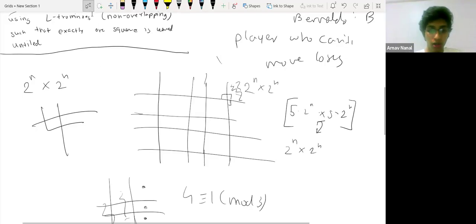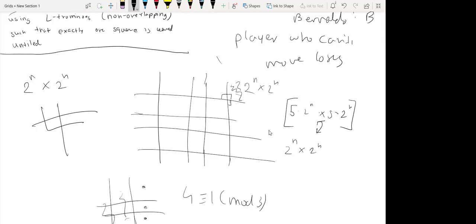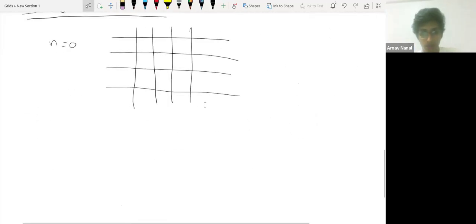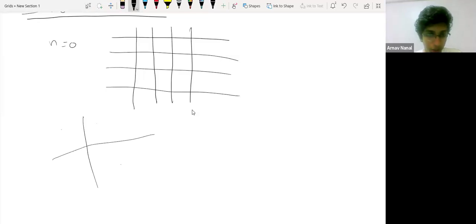What you can try to do is this: your observation is very nice. If you have something of this sort, where each of these can be individually tiled using trominoes such that one corner square is left, then you can also tile this whole thing using trominoes such that one corner square is left.